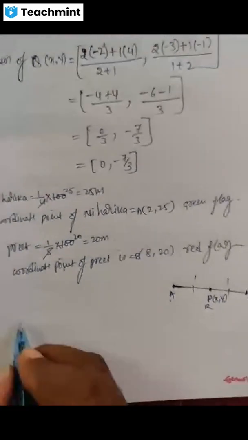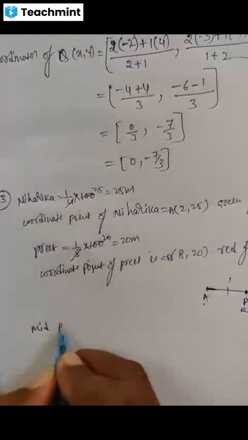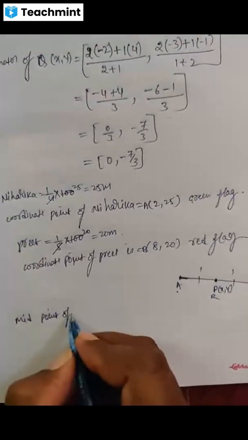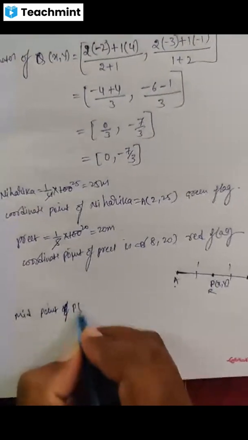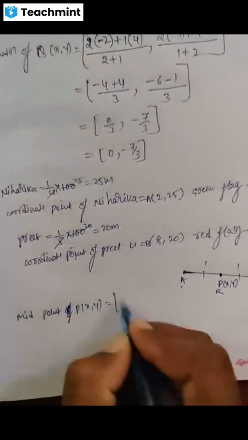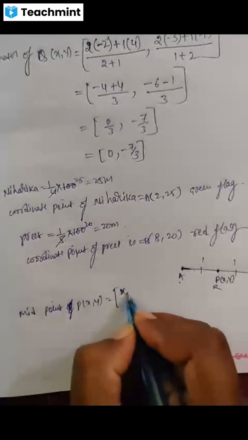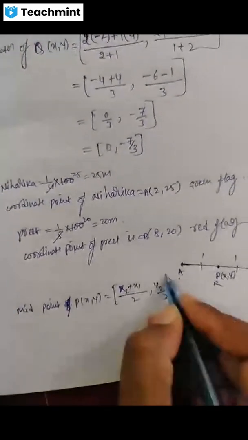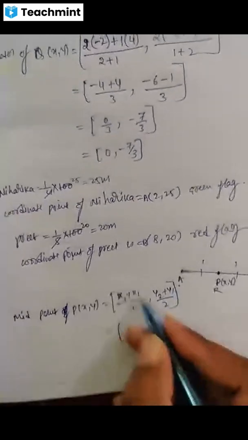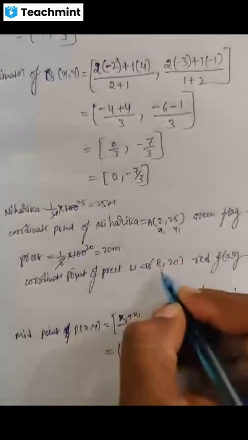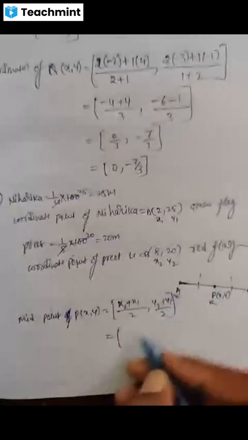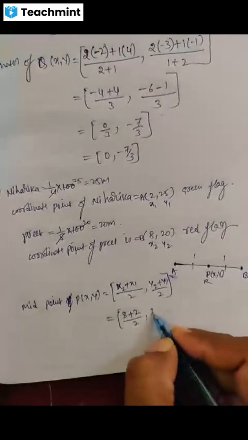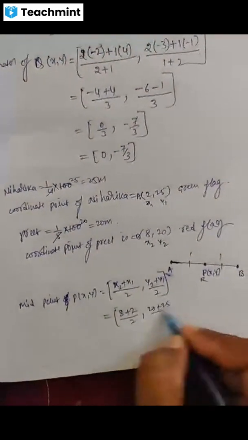We have the midpoint formula. The midpoint P of xy is given by (x2 plus x1 by 2, y2 plus y1 by 2). Take x1 y1 and x2 y2. So x2 is 8, x1 is 2, divided by 2; y2 is 20, y1 is 25, divided by 2.